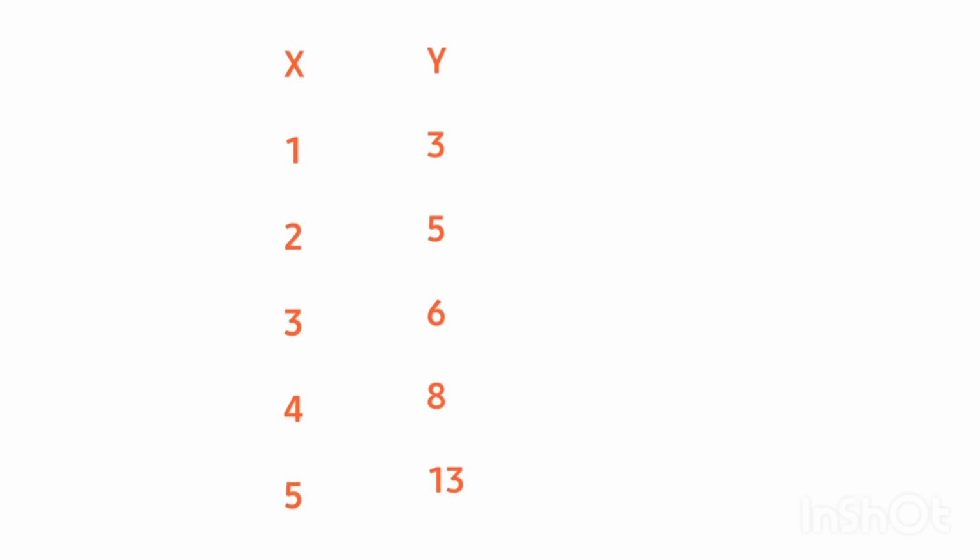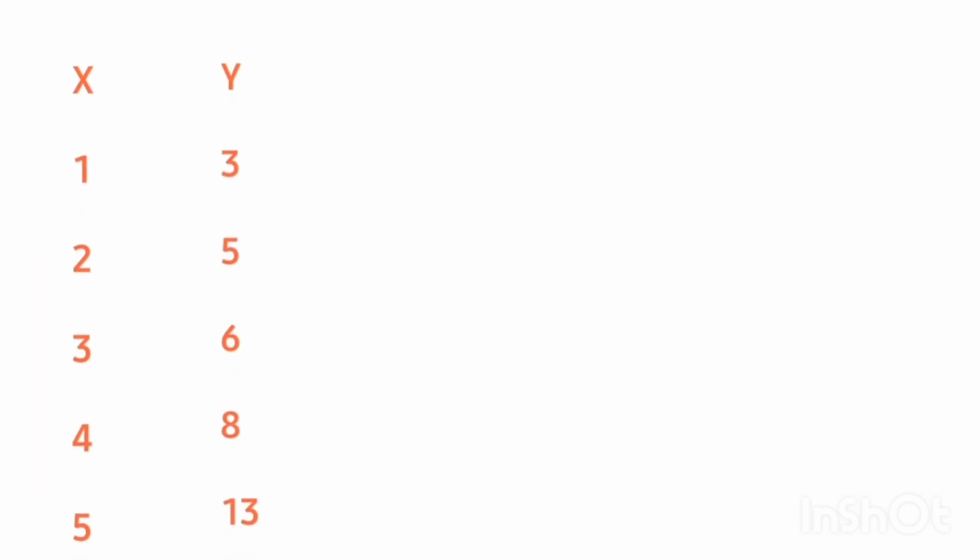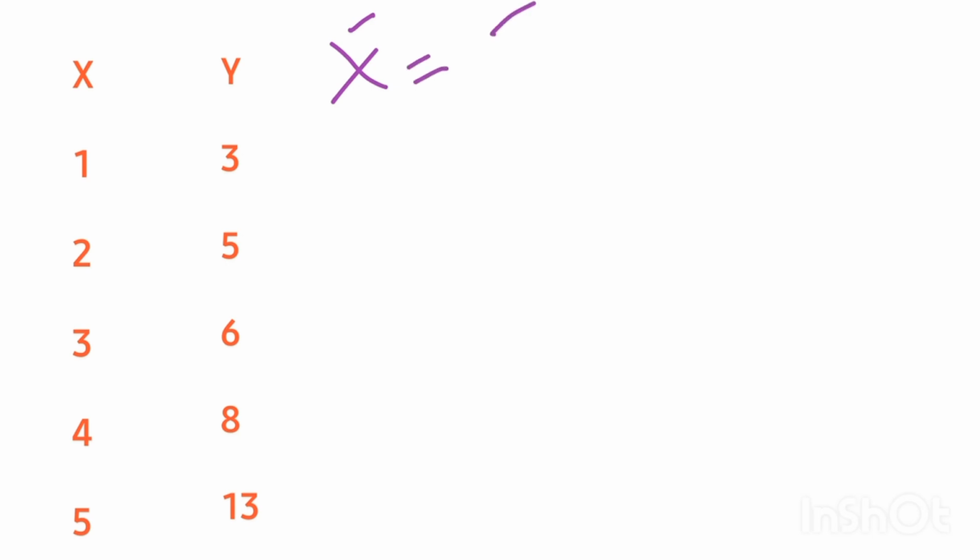Steps involved. Step 1 says calculate mean x and mean y, and here we go. So for the mean x, designated with x bar, equals summation x over n, right? Summation x simply means addition of all the x values, right?